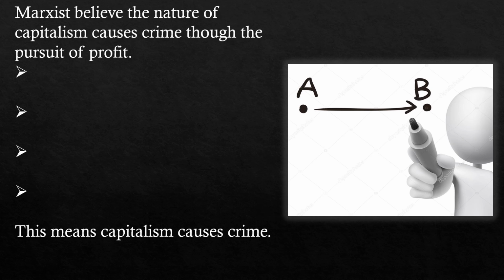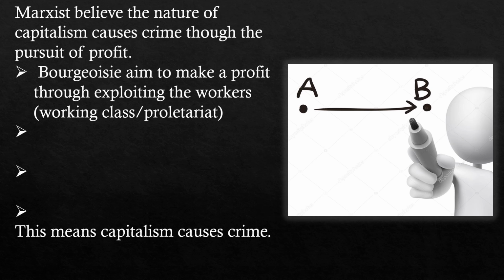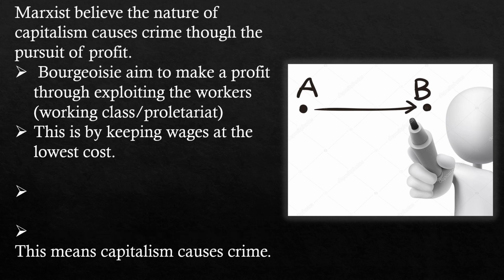So we'll start off by saying Marxists believe the nature of capitalism causes crime through the pursuit of profit. Then we will add the explanation that the bourgeoisie aim to make a profit through exploiting the workers, which are the working class or the proletariat. And we'll continue this explanation by explaining why they're exploited. So this is by keeping wages at the lowest possible cost.